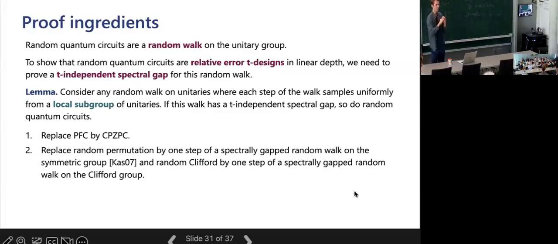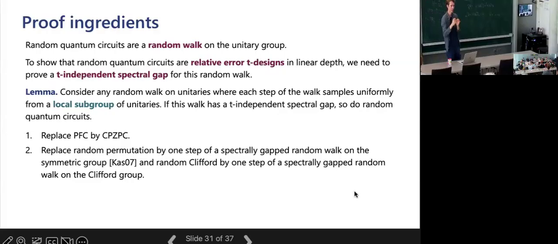Instead of doing the uniformly random step, we just do one step of first the Clifford walk, then one step of the spectrally gapped walk on the symmetric group, then the Z, then another random step of the expander walk on the symmetric group, and then another one step of the Clifford. So instead of doing the uniform steps, we do tiny steps.